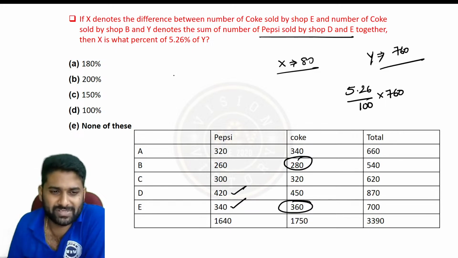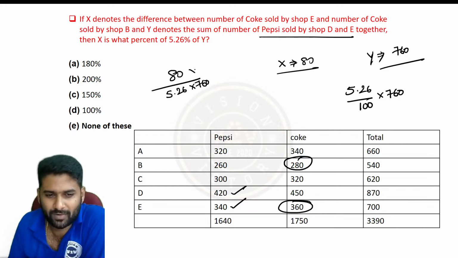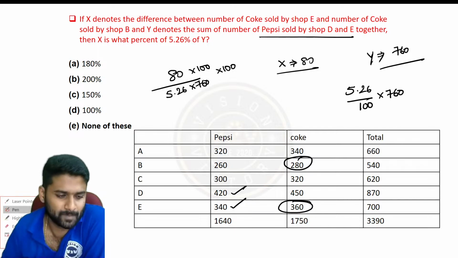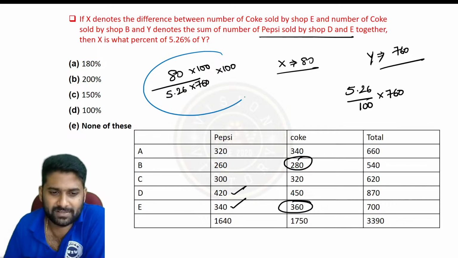Now here X value is 80. 80 divided by 5.26 percentage of Y. Just calculate this one. We need this value, guys.